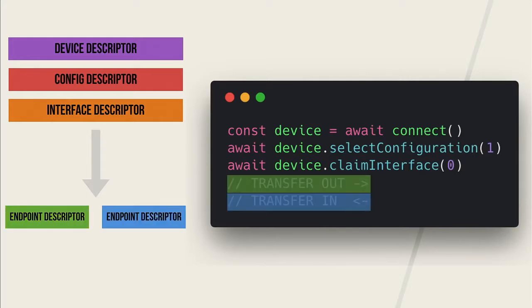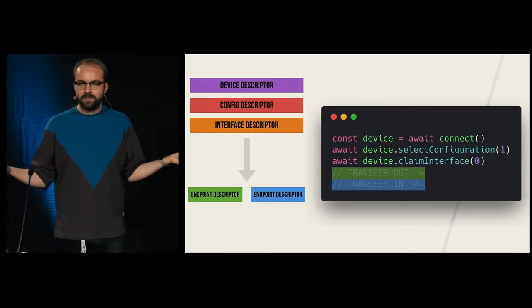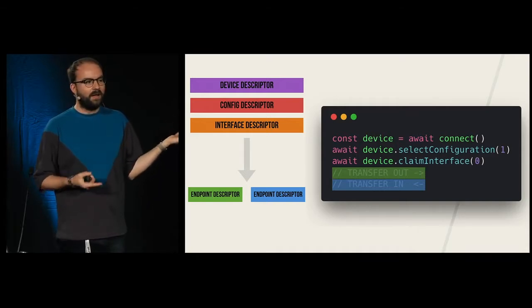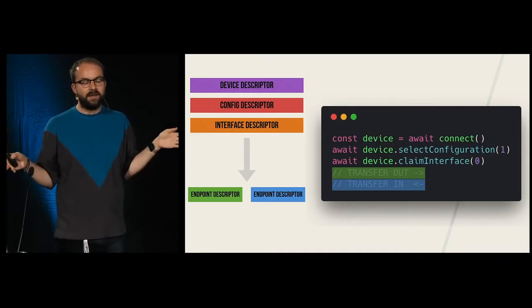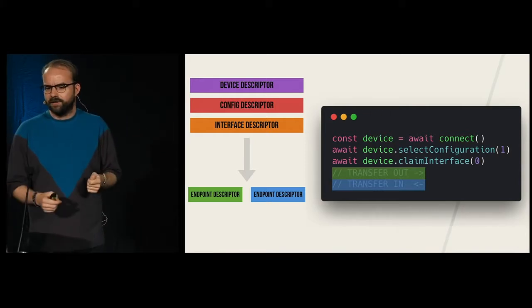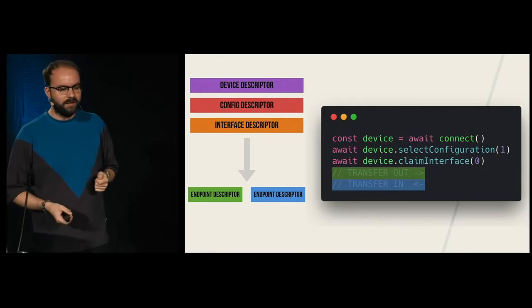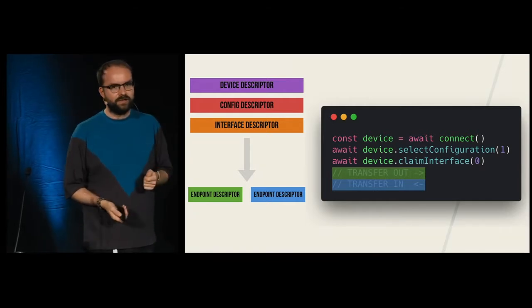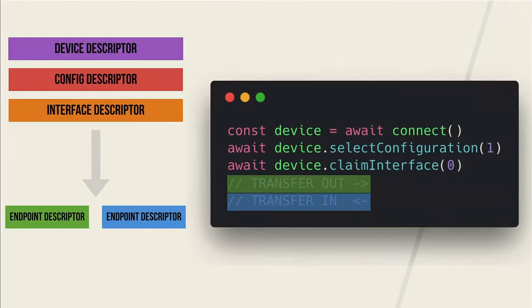And often you see that one endpoint is used for sending data out, one is used for transferring data in, etc. But as with all the other descriptors, an interface can have as many endpoint descriptors as it likes. I mean, there is some theoretical boundary, probably 127-ish, but I'm not sure. None of the devices I ever toyed with reached that limit.